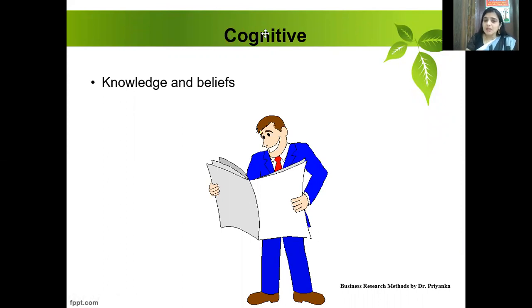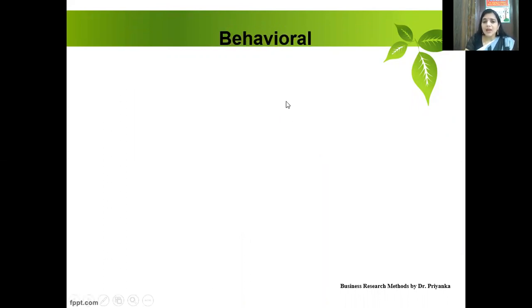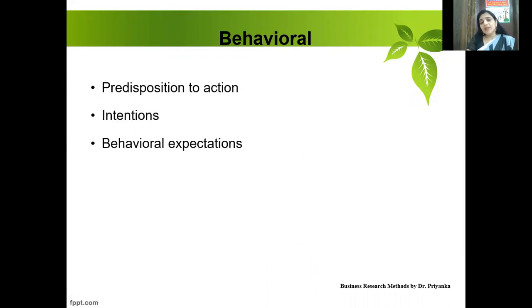That something can be a person, object, or a company, or anything, right? Then the behavioral aspect is predisposition to action and your intentions. Then behavioral expectations. You might have some behavioral expectations from the other person as well. So these three things combine your attitude regarding something.